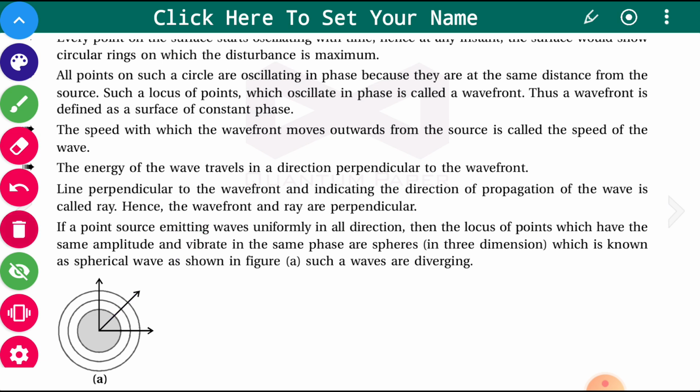Next, if a point source emits waves uniformly in all directions, then the locus of points which have the same amplitude and vibrate in the same phase are spheres, which is known as a spherical wave, as shown in this figure.